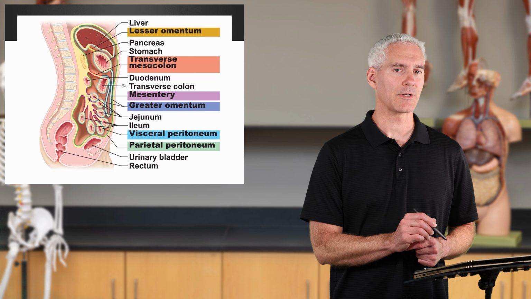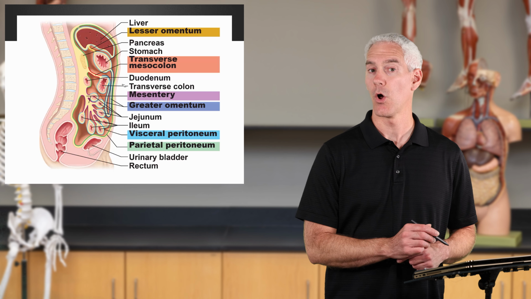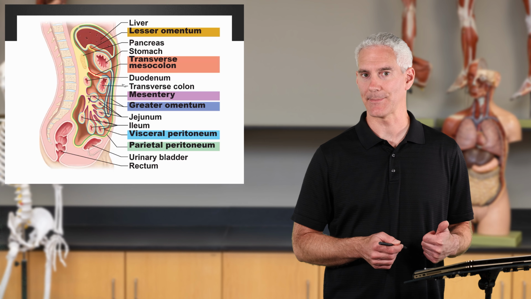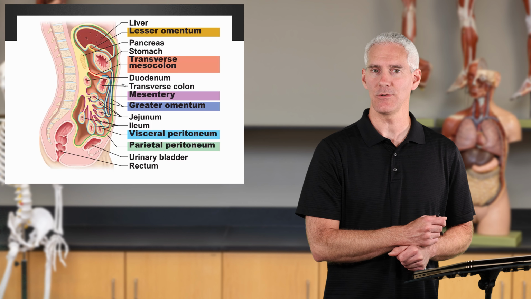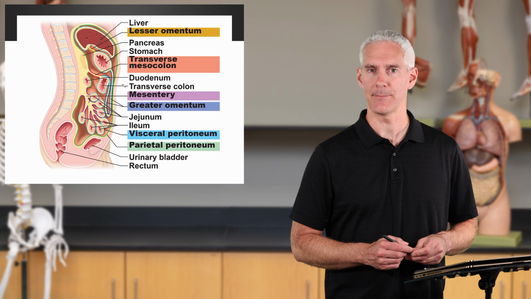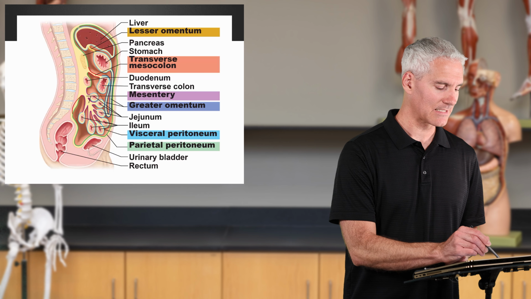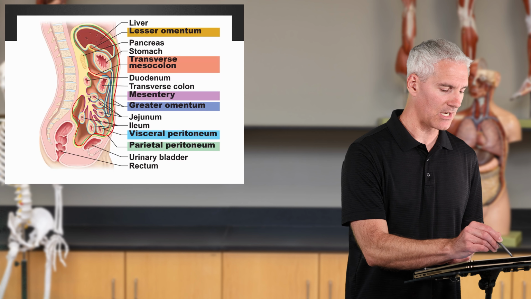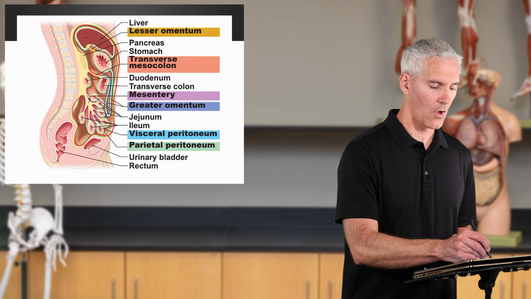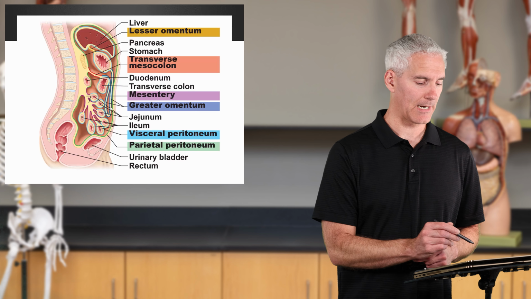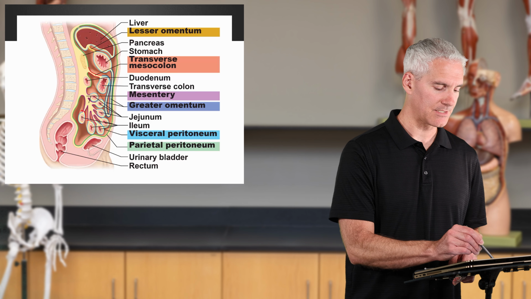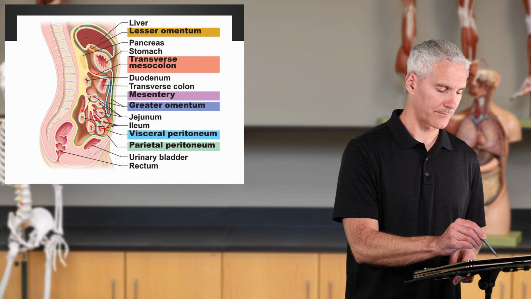Now this visceral peritoneum and parietal peritoneum, we've mentioned both those earlier in this chapter, as well as back in AP1 in that very first chapter about membranes. Remember, the parietal peritoneum is lining the outside of the entire cavity, while the visceral peritoneum is tight to every single organ.